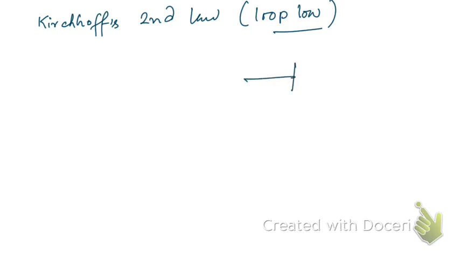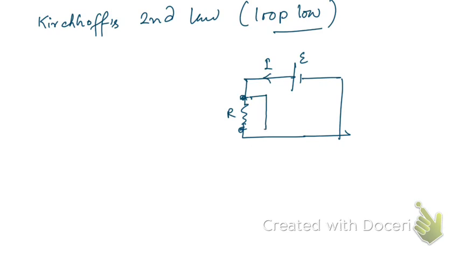Suppose we have a circuit here with a cell and a resistor. There must be a potential difference across the ends of these elements. If current I flows through it, then the potential difference across the resistor is IR.